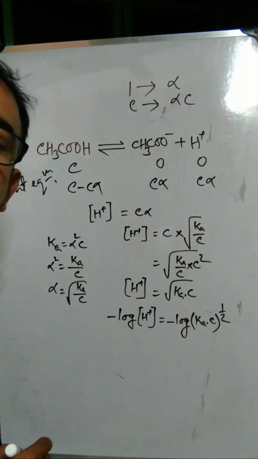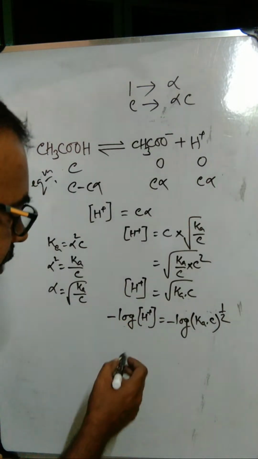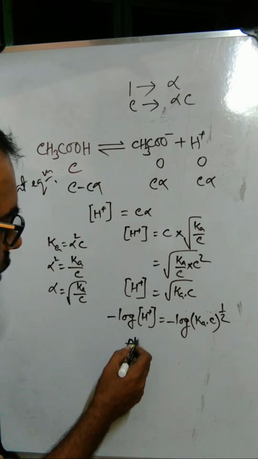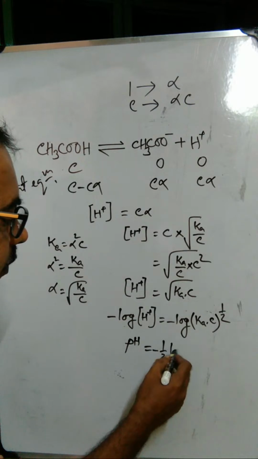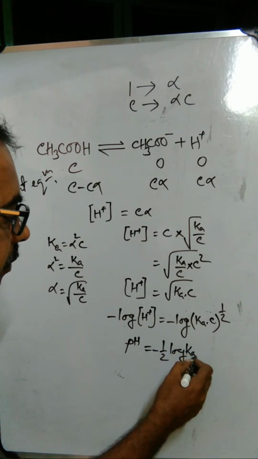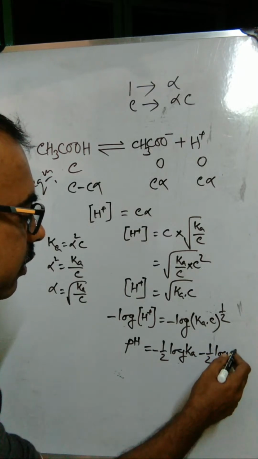Now this negative log of the concentration of H plus is called pH. Therefore pH equals minus half log Ka minus half log C.